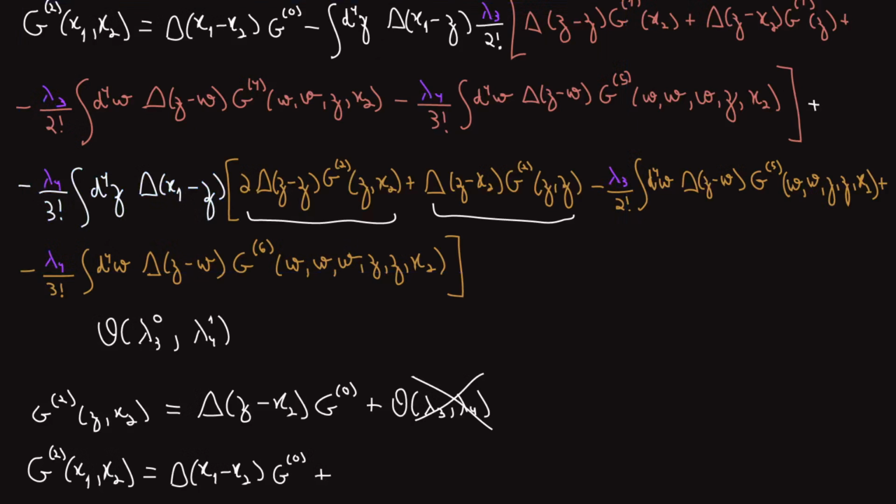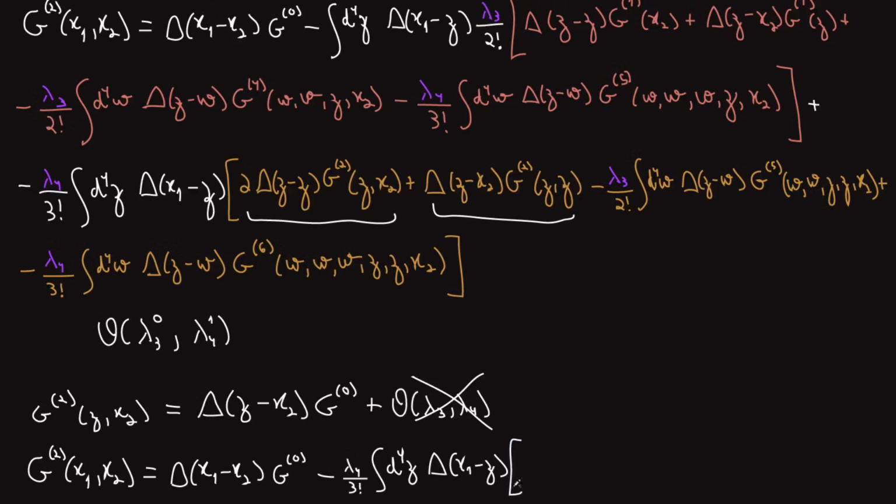So let me just rewrite it, it won't be easy to copy. Lambda 4 over 3 factorial, integral of d^4z, delta x1 minus z.